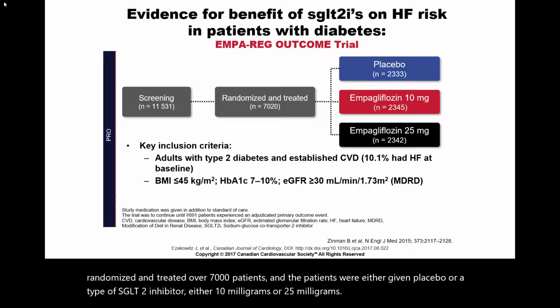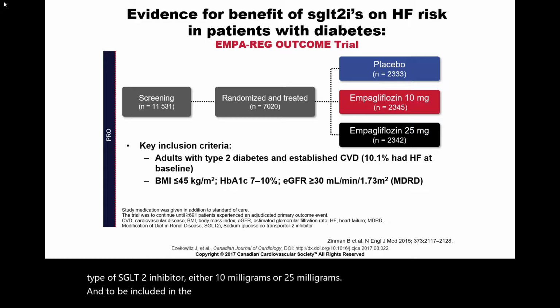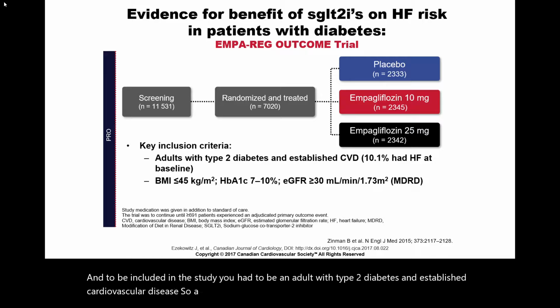To be included in the study, you had to be an adult with type 2 diabetes and established cardiovascular disease. So a very low proportion actually had heart failure at baseline. They were under a BMI of 45, which still means that they could be overweight or obese.